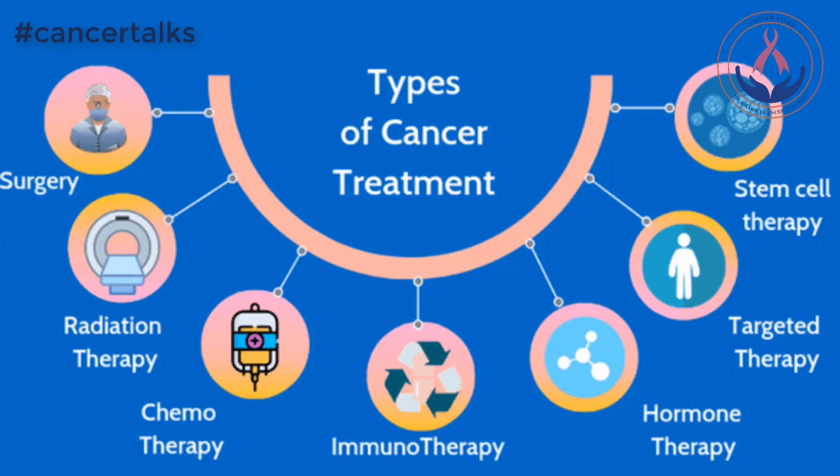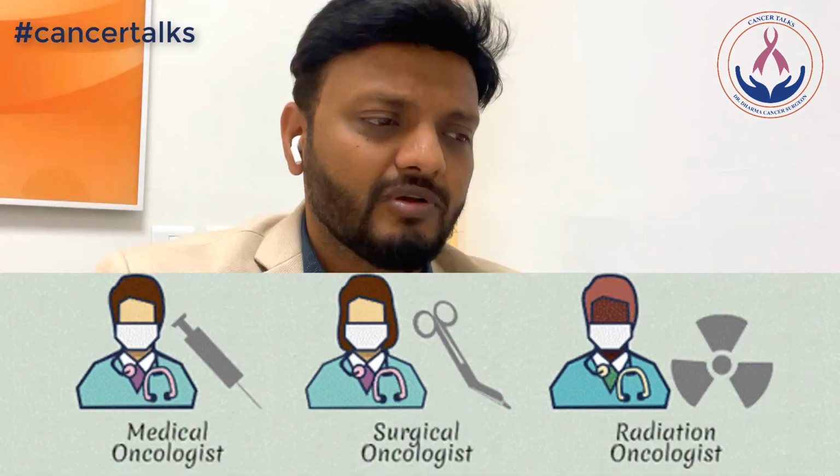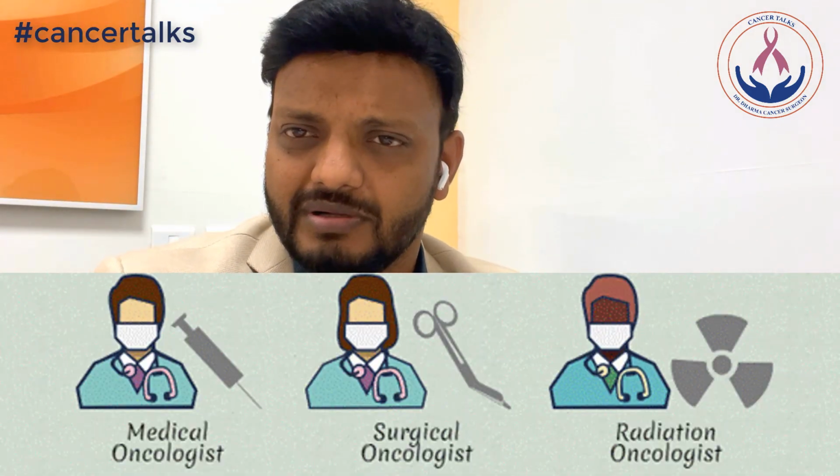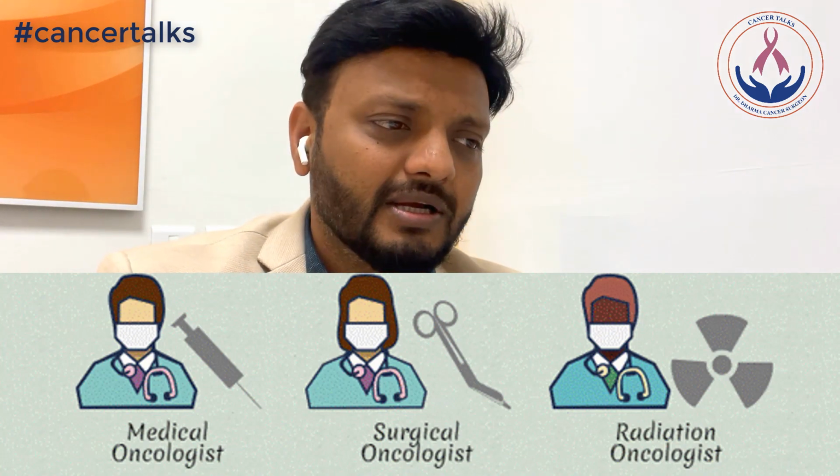What are the treatment options available for a patient who is diagnosed with cancer? There are multiple treatment options for a particular patient, which are usually planned and discussed in a group of doctors involving a medical oncologist, surgical oncologist, radiation oncologist, and also a pathologist and radiologist. We will plan treatment based on the stage of the particular cancer.